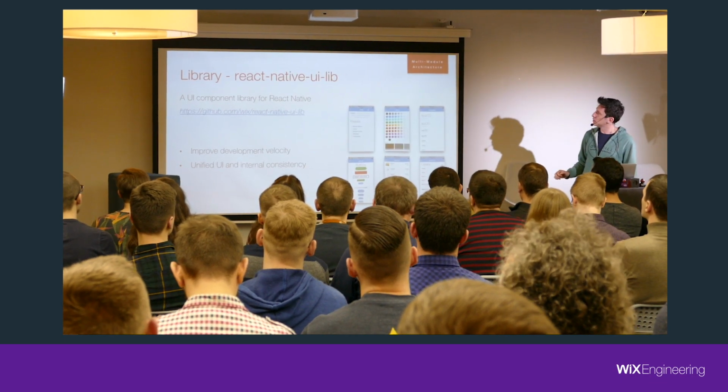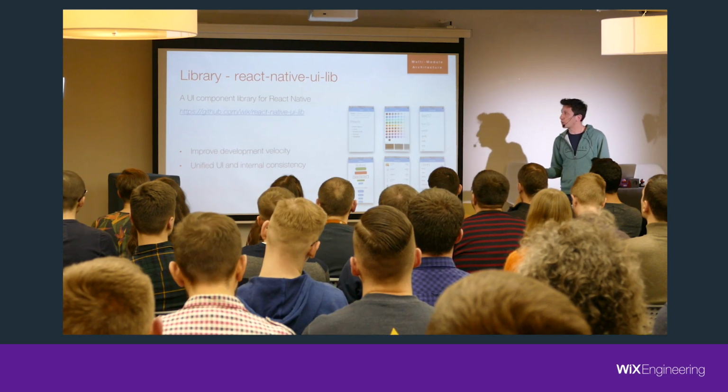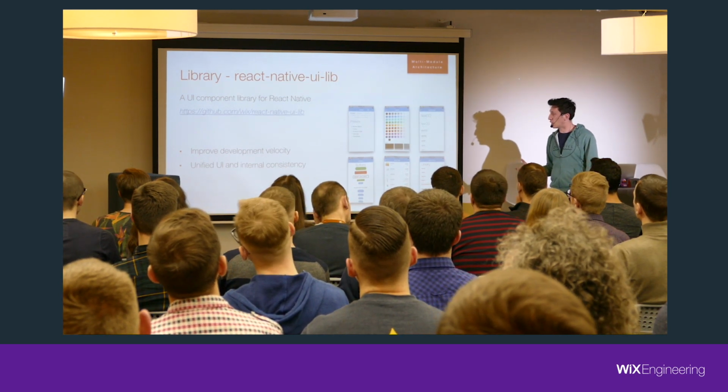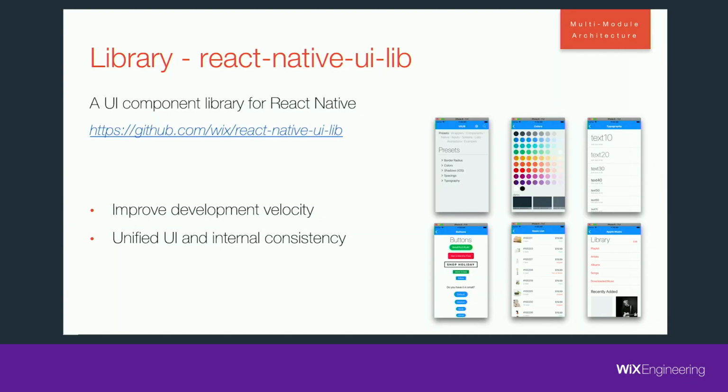Let's see an example of a library. For example, we have the react-native-ui-lib library. It's a library containing all the UI components that our application is using. Why do we need this library? First of all, it increases development velocity. We don't want every developer in every team to struggle to develop UI components.